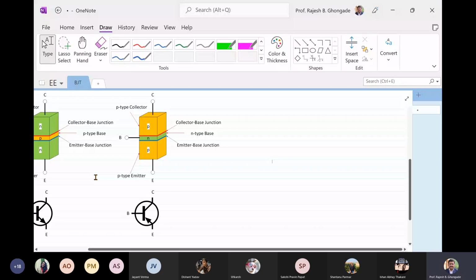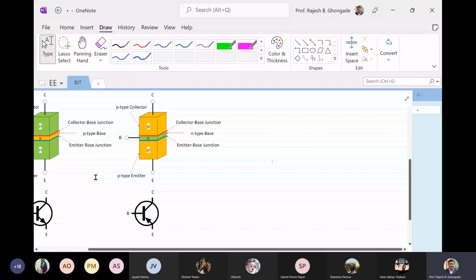First of all, understand the geometry of the device. In a similar way, we can have another type of transistor where an N-type semiconductor is sandwiched between two P-type semiconductors, and again we have two junctions. Now the transistor terminals are marked in a very specific way. You can see that this terminal is called the collector.